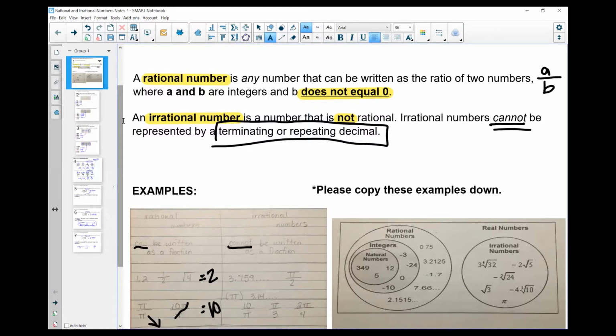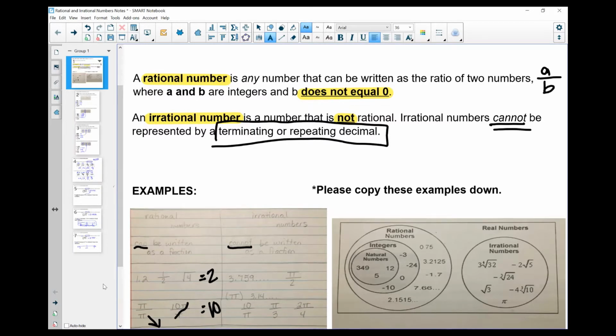It is any number that can be written as the ratio of 2 numbers. I have an example, A over B, in fraction form, where A and B are integers, and B does not equal 0. I have that bold, underlined and highlighted because it does not equal 0.